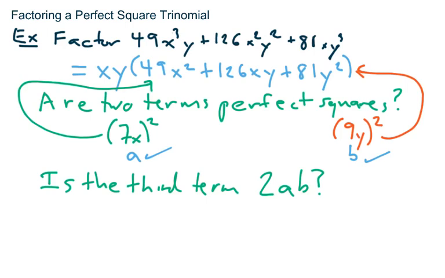2 times 7x times 9y. And if I multiply 2 times 7 times 9, I'm going to get my calculator out here to just check real carefully. 2 times 7 times 9 is 126xy.